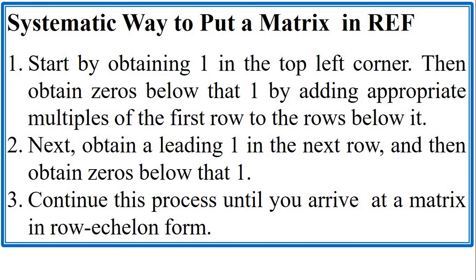We simply multiply the first row with the appropriate constant and add that to the rows below it. Next, we obtain a leading entry 1 in the next row and then obtain zeros below that 1. We continue this process until we arrive at a matrix that is in REF.